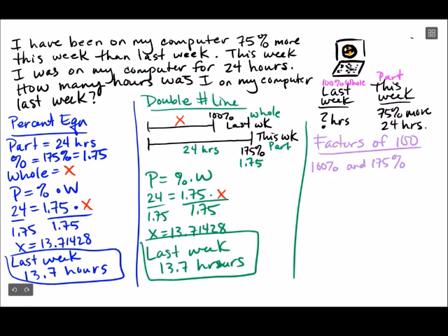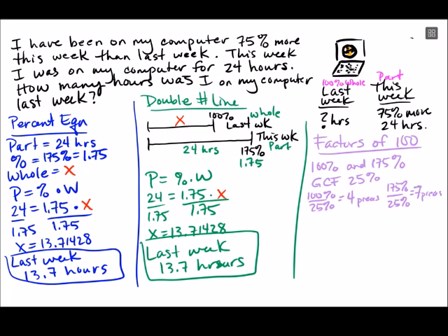So I need to find my GCF, my greatest common factor of both of those, and that is 25%. I'm going to divide both of them by my 25%. That means my 100% is broken up into 4 pieces, and my 175% breaks up into 7 pieces.